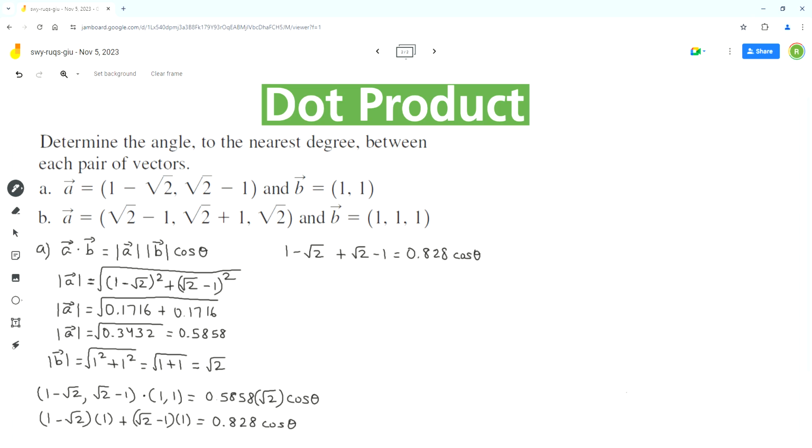Now we can combine like terms on the left side. The 1's get cancelled out and the square root 2's also get cancelled out, so we are left with 0 on the left side. Now we can divide both sides by 0.828. On the left side we get a 0.